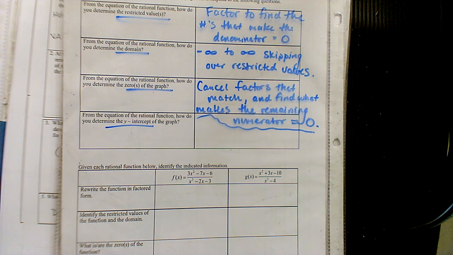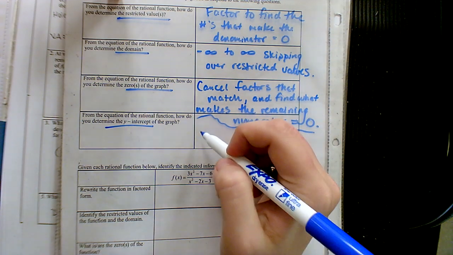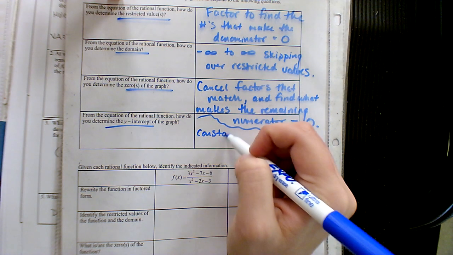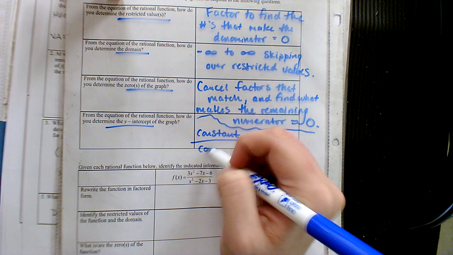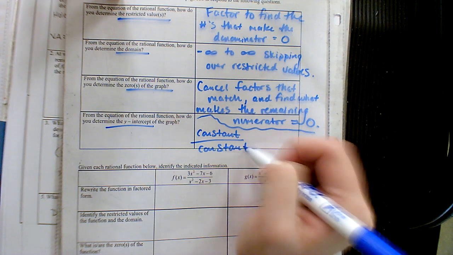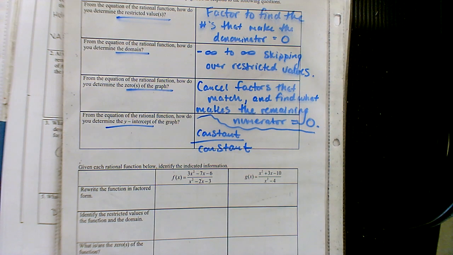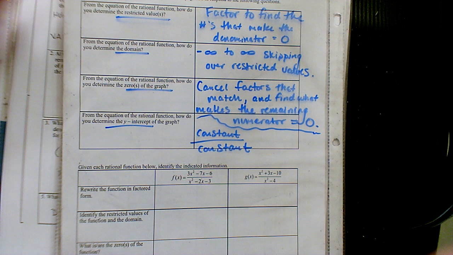How can we find the y-intercept? Yeah? Alright, constant from the top over constant from the bottom. Thank you so much. I really appreciate it. I think I can go on from here. Okay, so all 4 friends are happy.